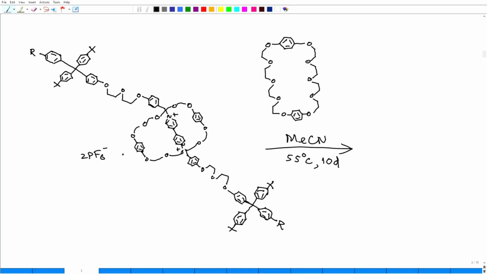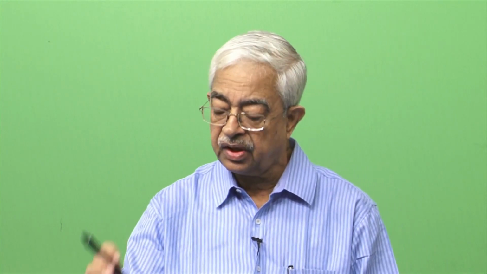So, it is a dinegative counterion. Here these things are important: your stopper, the shape and size, this is very crucial, and also the shape and size of the macrocycle.